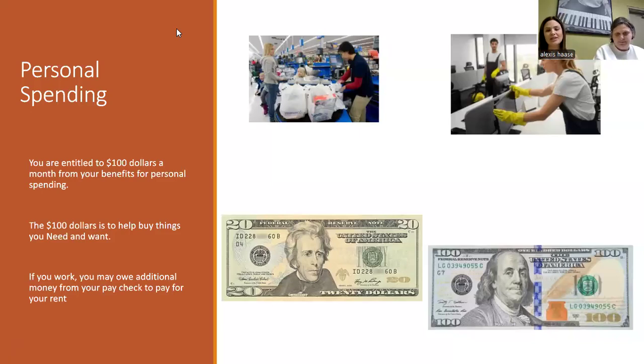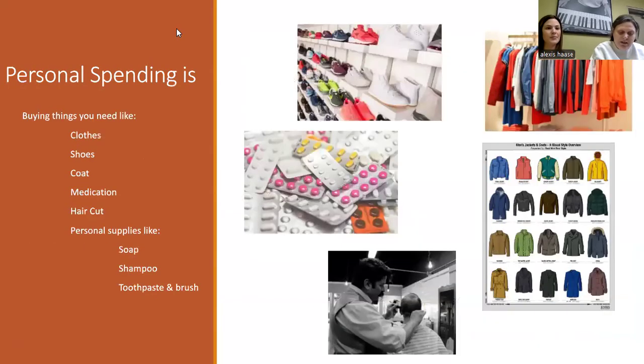Okay, I hope everyone had a chance to discuss those. Moving on to personal spending. Personal spending is buying things you need like clothes, shoes, coat, medications, haircuts, and personal supplies like soap, shampoo, toothpaste, and toothbrush. Before buying the things you need, make sure you have enough money to cover the cost. Make a list of things you need and save for those items.